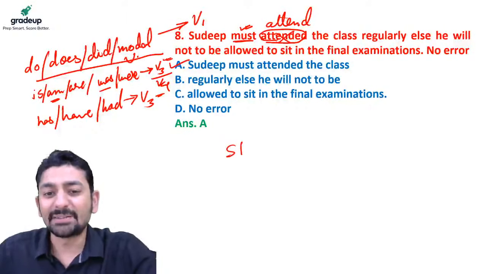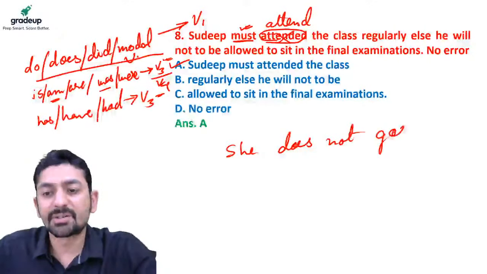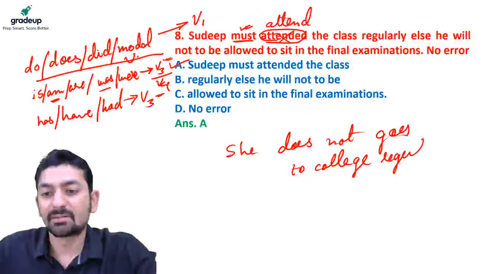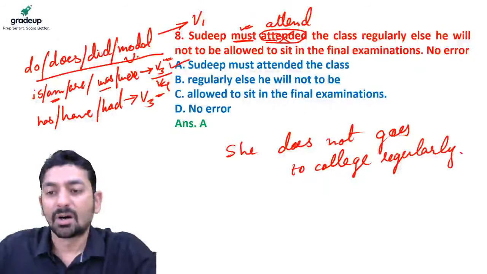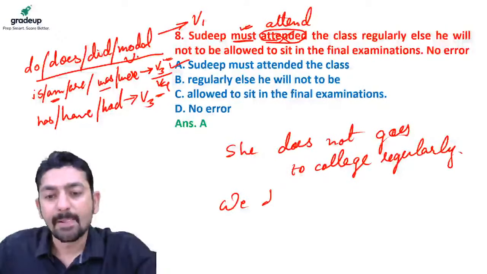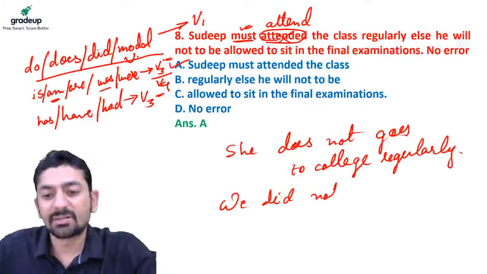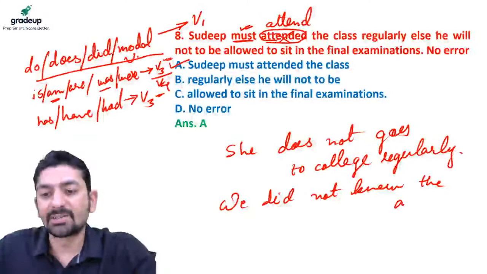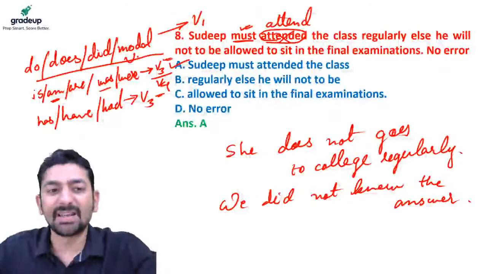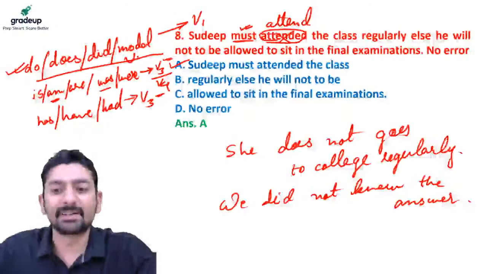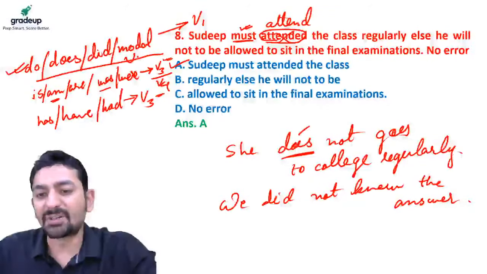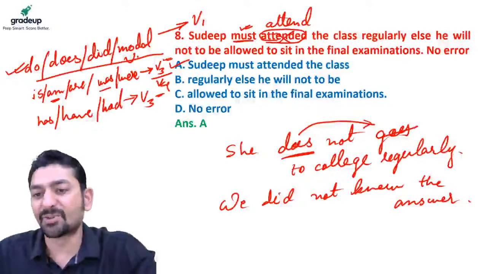Can I say, she does not goes to college regularly? Or, we did not knew the answer? Now the same concept applies which is written here. What did I tell you? After does, you always put the first form.